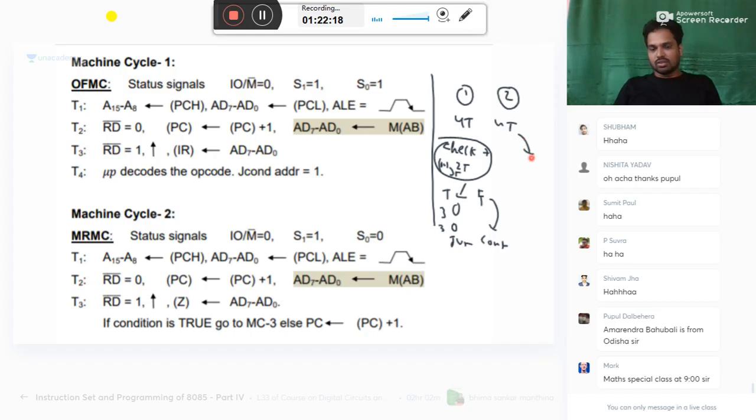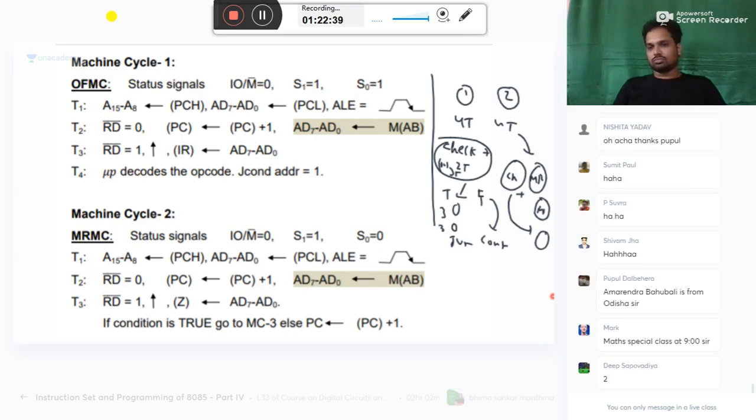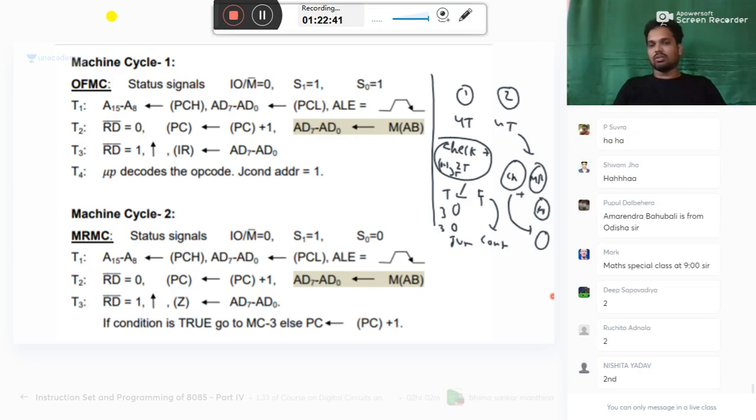Now another way is you check parallelly with the next memory read. Both happen parallelly. If it is true, continue. If it is false, jump to next. Which one is safe? Which one is efficient from the computer's point of view? Tell me. First method or second method?